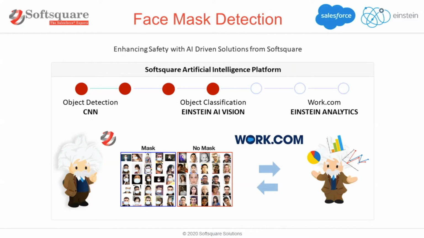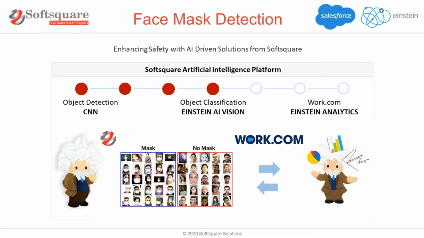Here is the SoftSquare AI platform. The high-level pipeline starts with object detection to identify faces in a video using a deep learning method called CNN, Convolutional Neural Network. Then, Einstein Vision classifies the faces with and without mask.